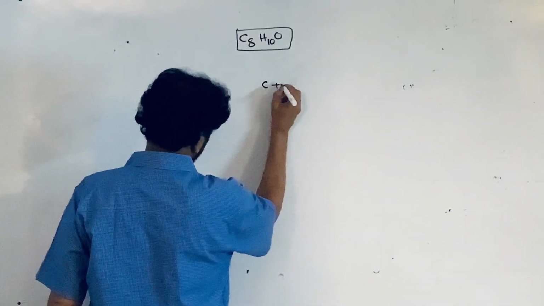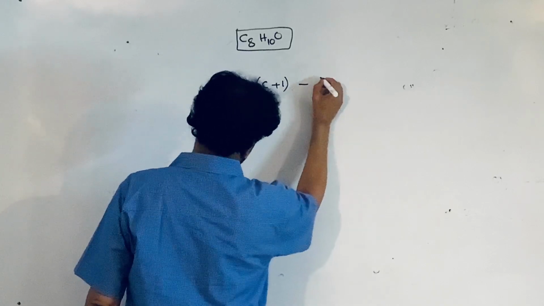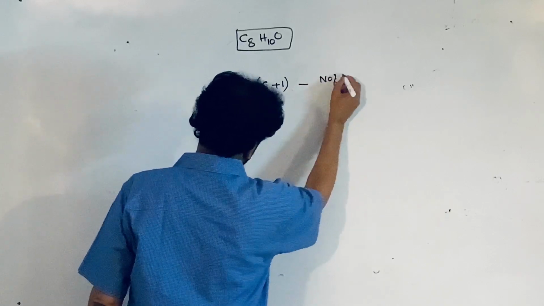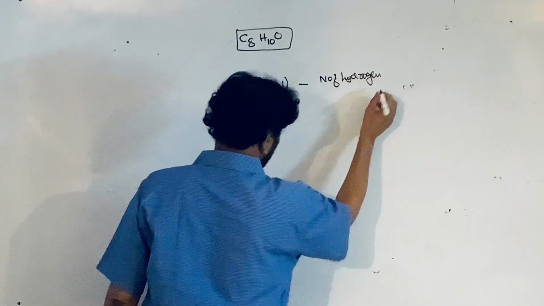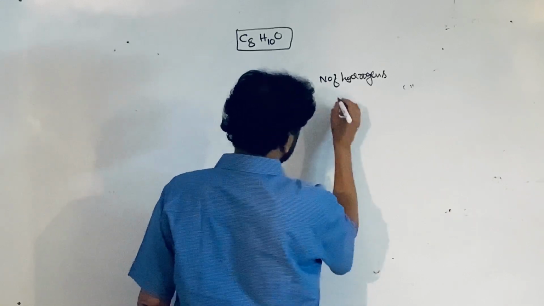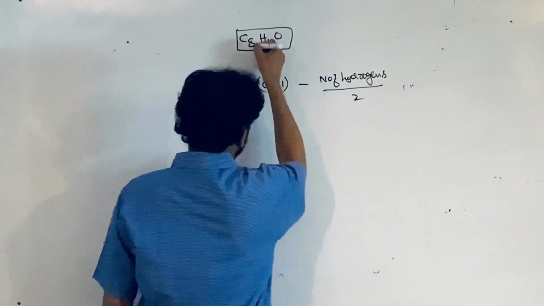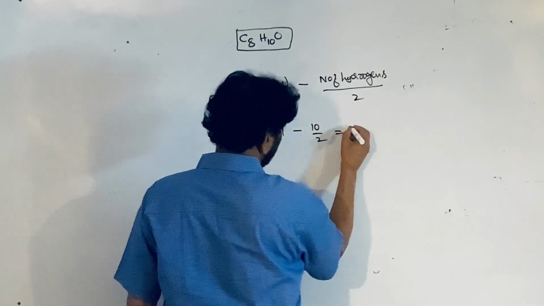It is C plus 1 minus the number of hydrogens, plus halogens, minus the number of nitrogens or phosphorus, divided by 2. Here 9 minus 10 by 2, that is equal to 4.